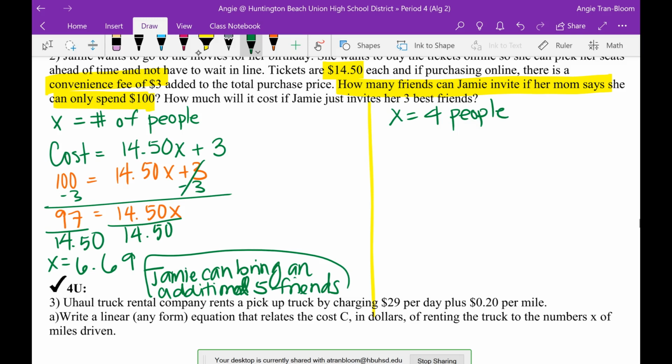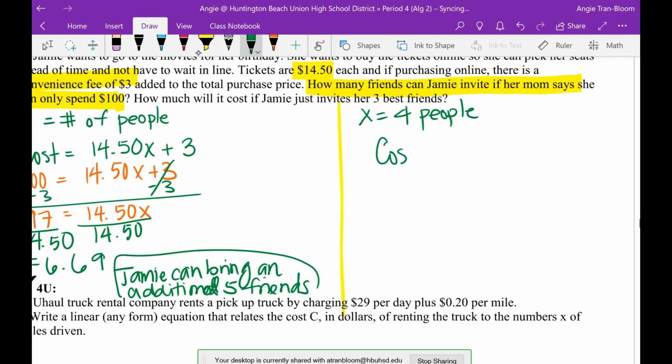So, work it out. Let me know the total cost for Jamie and her 3 best friends. Don't forget the dollar sign or write dollars after it.